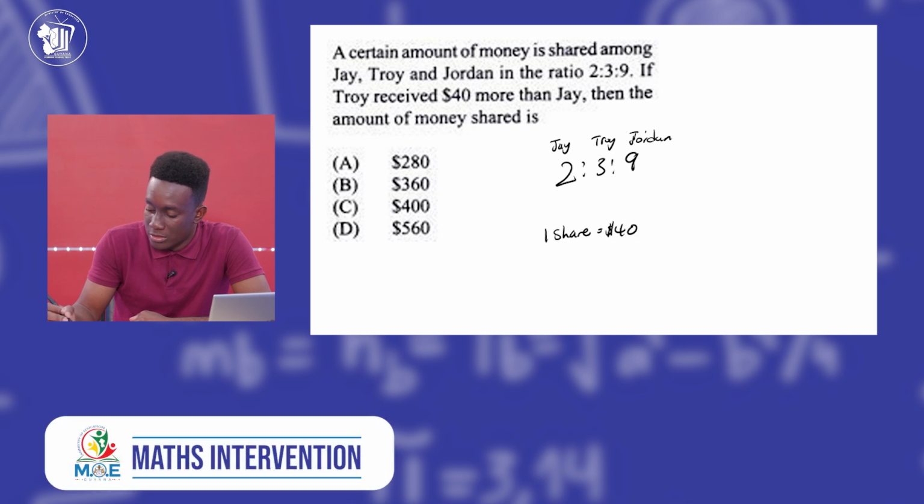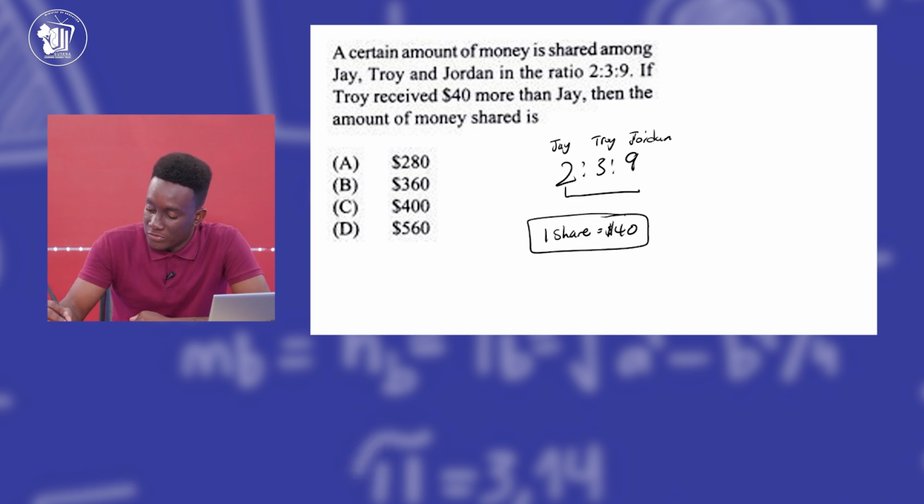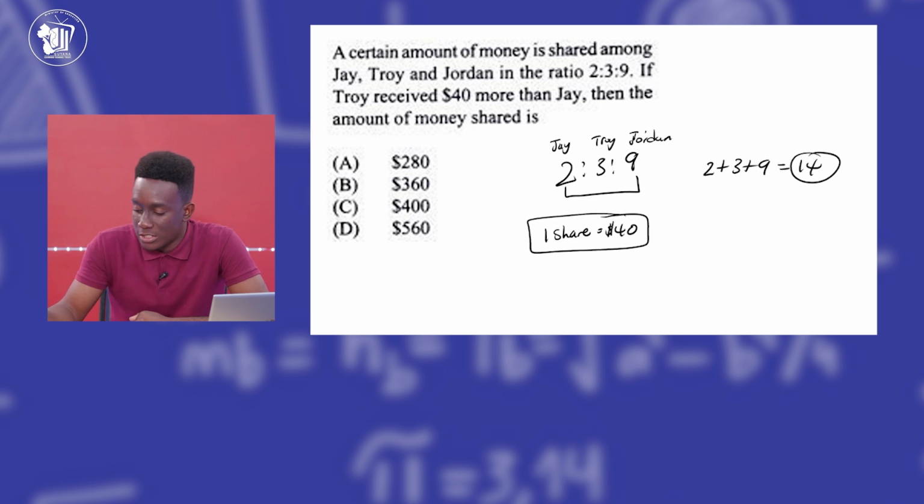So since one share is equal to $40, the amount of money shared would be all of the shares added up, which would be 2 plus 3 plus 9. 2 plus 3 is 5, 5 plus 9 would be 14. So we have 14 shares in all. To get the amount of money shared, we multiply the 40 by the 14.